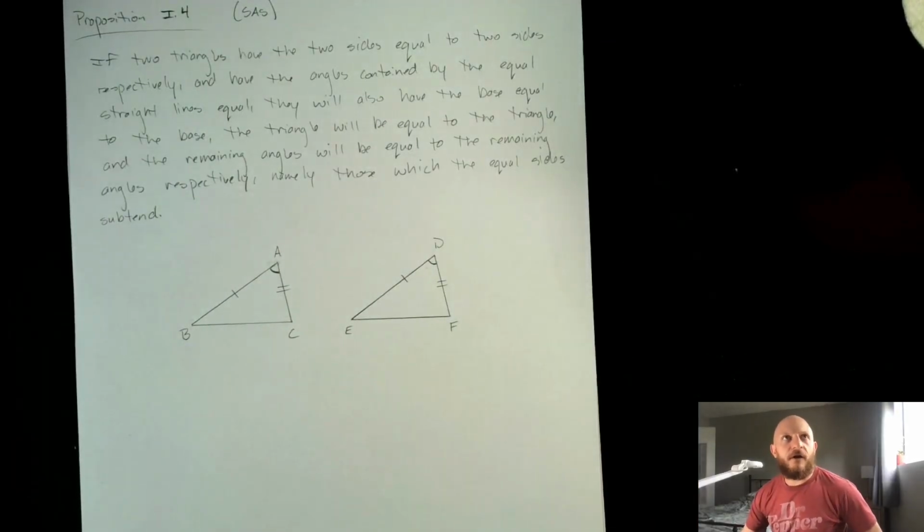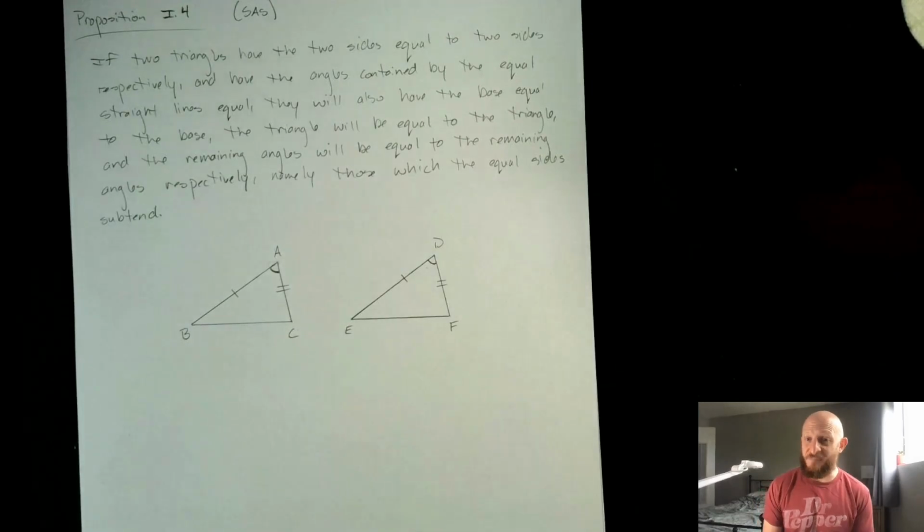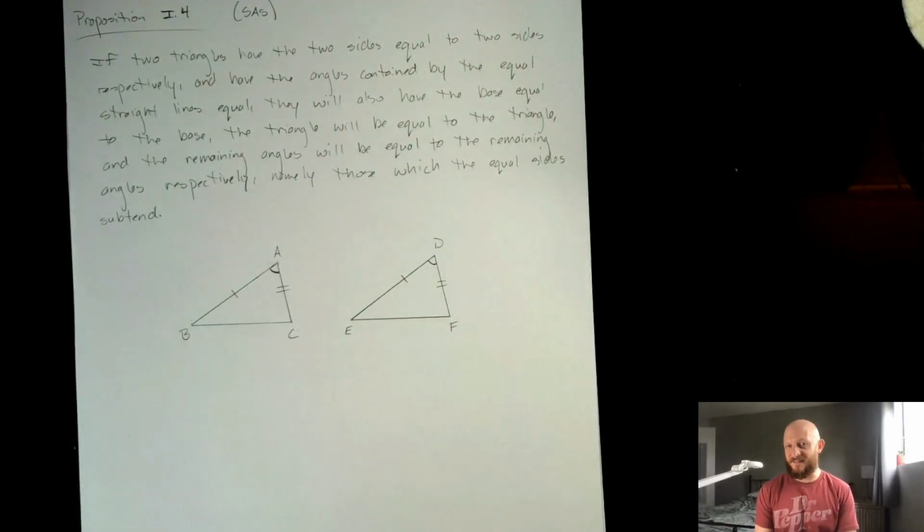And the kind of unspoken axiom that Euclid is using here, a postulate that he's invoking but hasn't actually said, is the idea that two points uniquely determine a line. That is to say, it's not possible for two distinct straight lines to pass through the same two points.